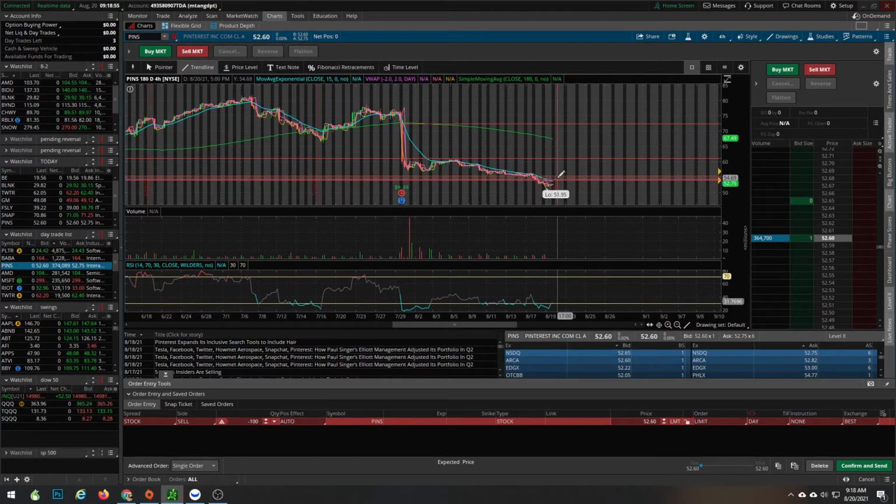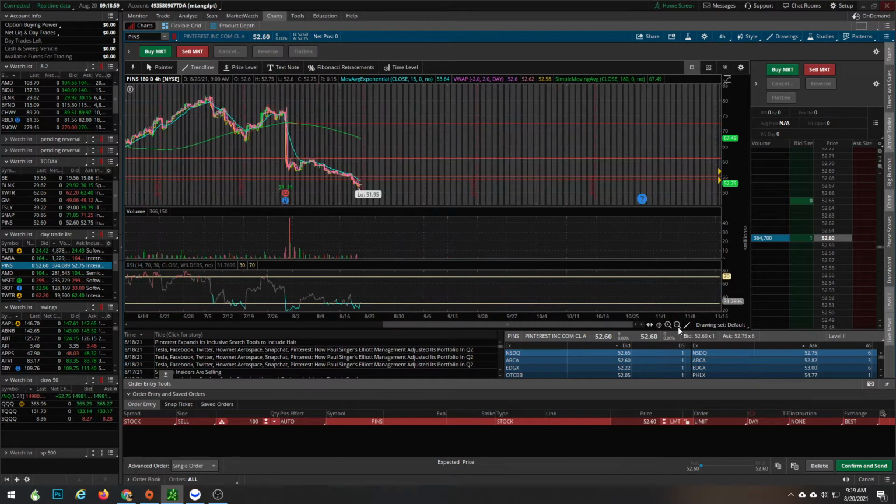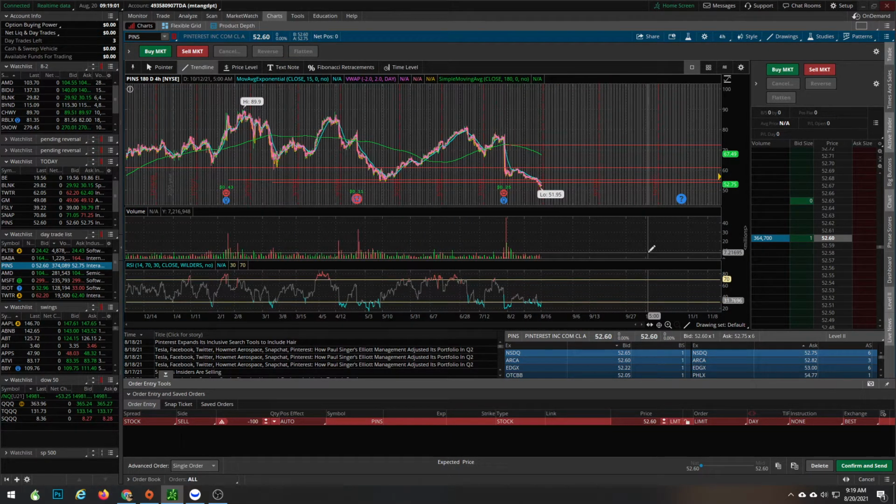Of course, it can break back above, something I consider, but I want to follow the trend instead of going against it. Sometimes I'll go against it, but in this case, since it broke a major support, which was around this 54, 55 level, I'm looking for it to come down some more. Anything can happen, but that's my sentiment. So I'm looking for downside.